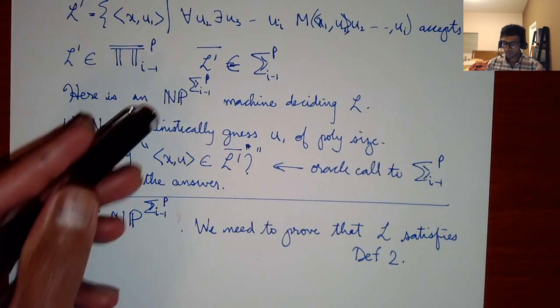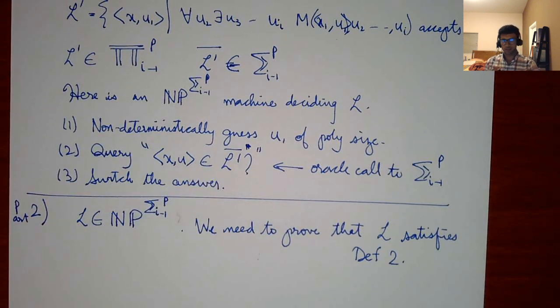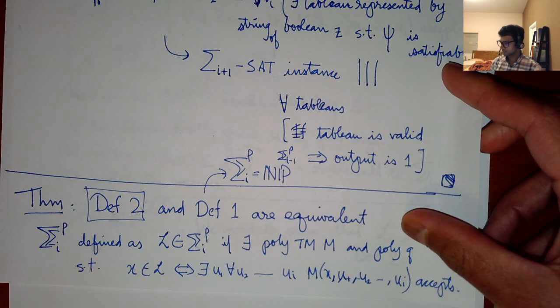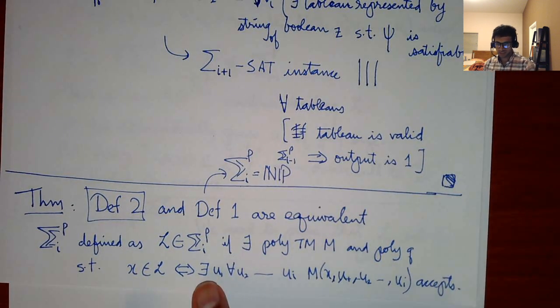Like, imagine an NP machine that would first make a query, get an answer, then do something, then make another query, get an answer, then make another query. So it could make all of these queries, doing all of this non-deterministically. But in definition 2, you're only allowed to make a single query. Because you can think of it as a single query: once you choose there exists a u1, then you have to do this. Does that make sense? Do you see the challenges there?